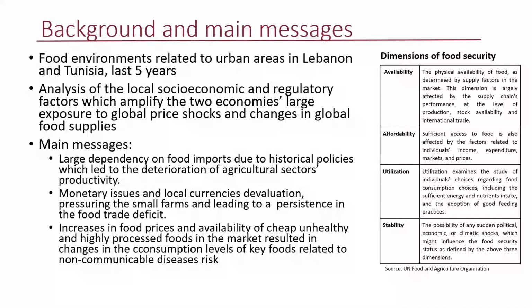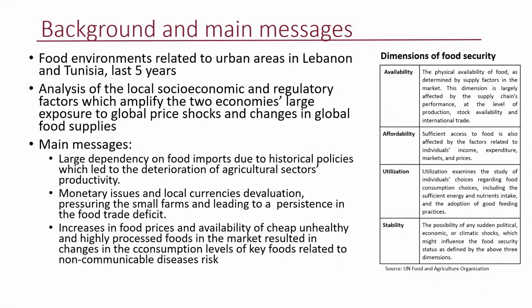The main messages of the paper are basically that, first, the two countries have witnessed and are still experiencing large dependency on food imports due to historical policies which led to the deterioration of the agriculture sector's productivity. The second main message is that both countries, although they're different in size and population levels, still suffer from monetary issues and local currency devaluations, which were pressuring the small farms and leading to a persistence in the food trade deficit.